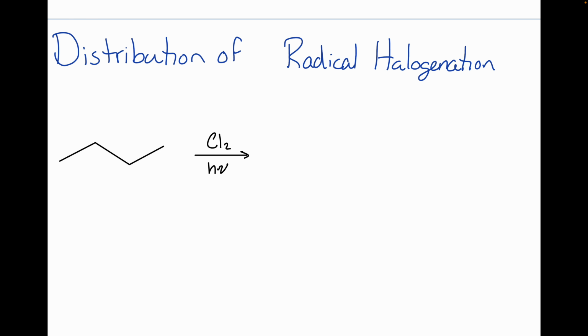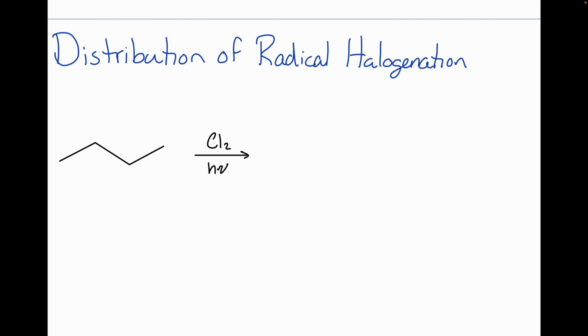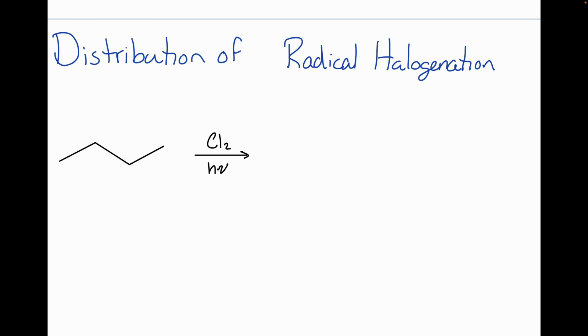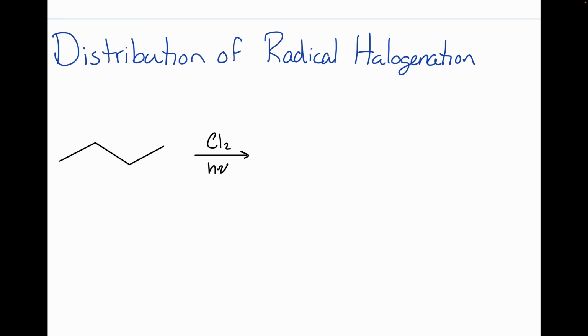Meaning not only can we say major or minor, we can actually say 10% this, 70% that, whatever it may be. All right, so determine the distribution of our radical halogenation products.